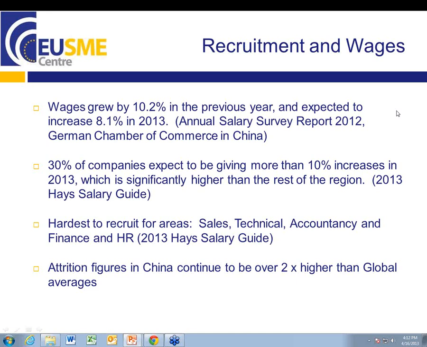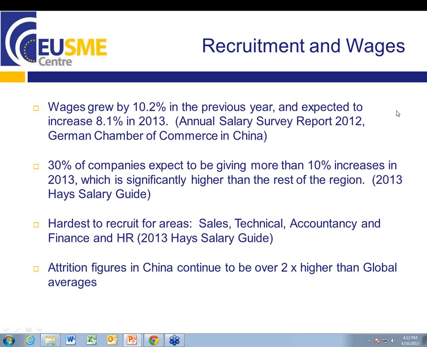However, last year, more than 47% gave 10% increases in China. So we do see a slight slowdown, and again, I think this could actually be good news for SMEs who are trying to attract slightly more highly skilled workers.